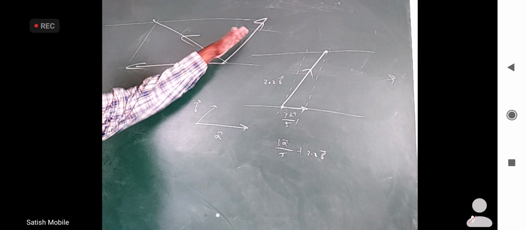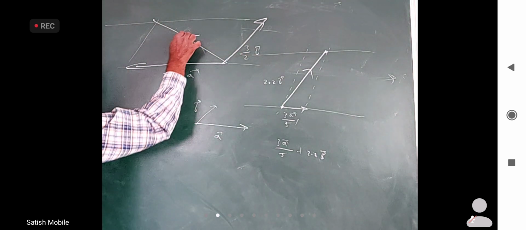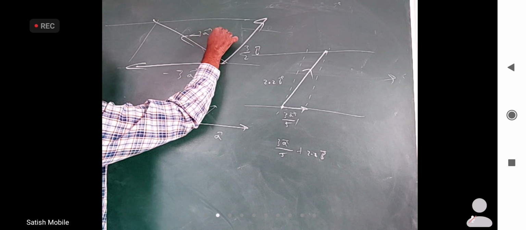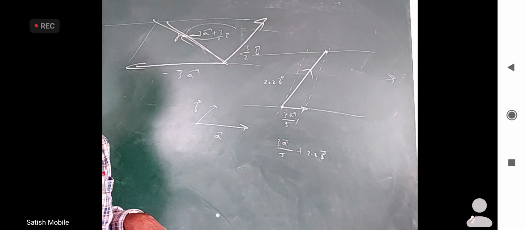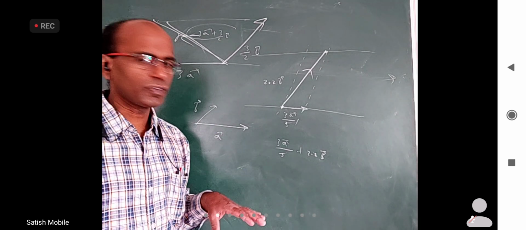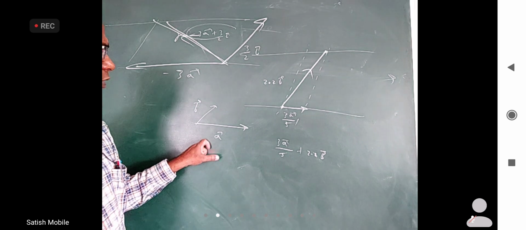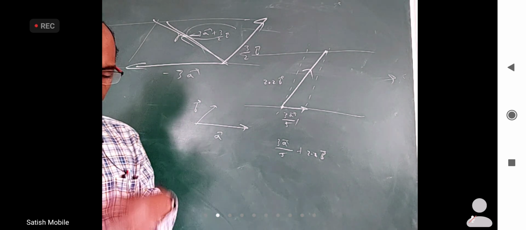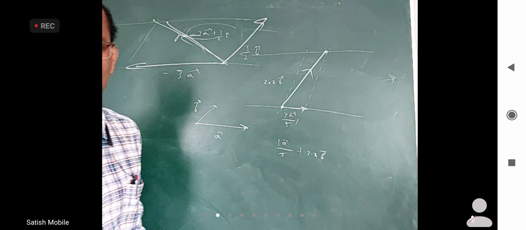This is in the same direction, maybe it is 3 by 2 b bar. This plus this is this, so minus 3a bar plus 3 by 2 b bar. So I am able to express this as a combination of a and b. So are you clear that if you know two vectors in the plane, a and b, some real number into a bar plus some real number into b bar, as you change those real numbers, it will cover all the vectors in this board? Is it clear?